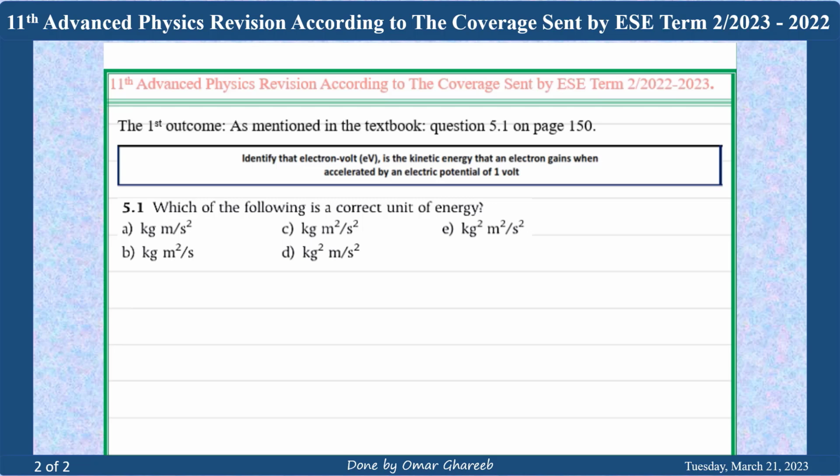The first outcome is about identifying the electron volt as an energy unit.